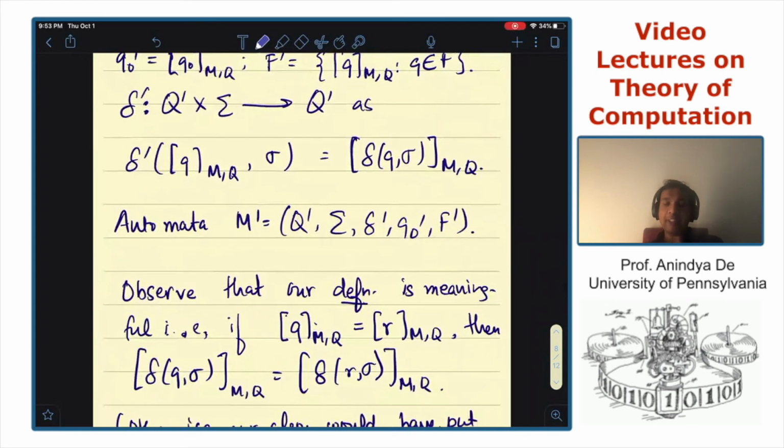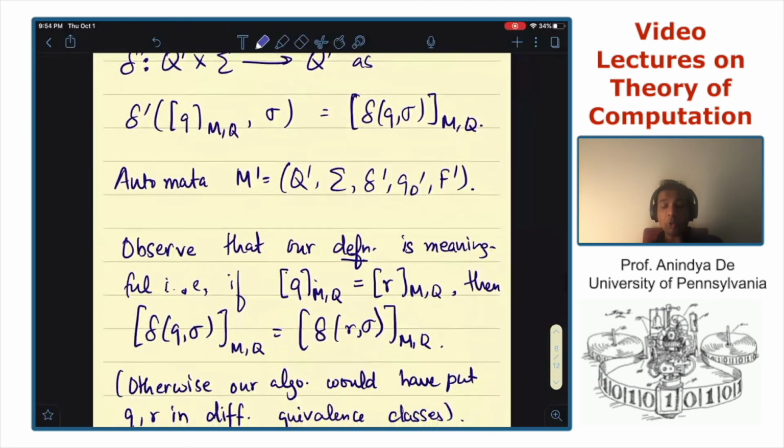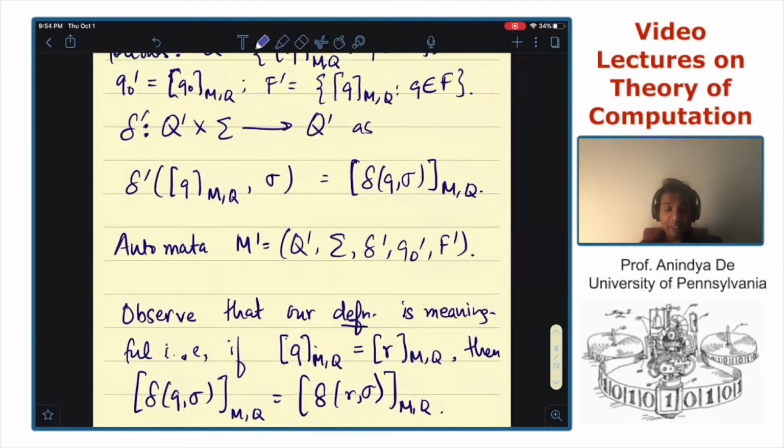When I say I have to show that the definition is well defined, what we have to show is that if you start with two equivalence classes which are the same, meaning suppose [q] equals [r], so q and r fall in the same equivalence class with respect to the equivalence relation R_{Q,M}, then we want to show that the transition function is well defined in the sense that if you read symbol sigma from q and read symbol sigma from r, you go to states which continue to be in the same equivalence class. Only if this happens is this definition of the transition function well defined.